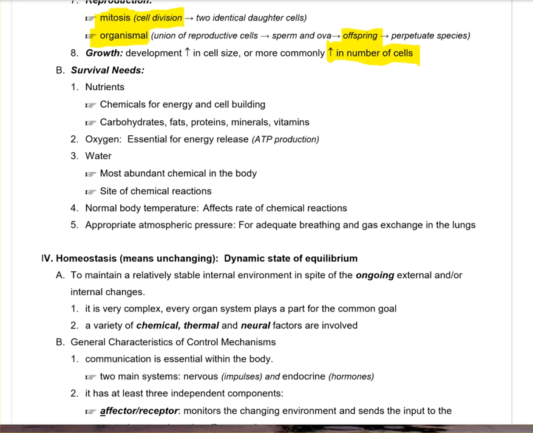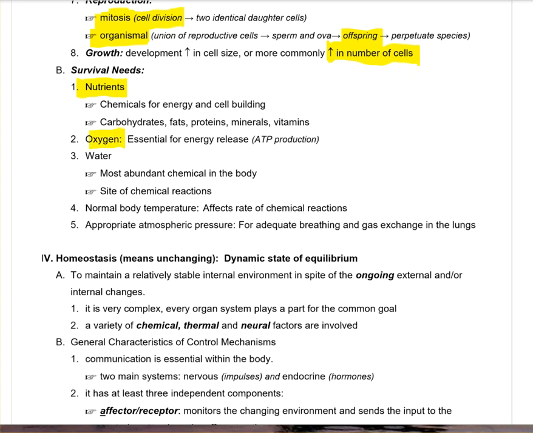Survival needs, we really want to just think of what are the things that we need to stay alive and get constantly or have constantly. And I bet all of these make complete sense to you, and there's probably only one that you don't think about very much. So I'm sure you knew that we needed to have nutrients. We needed to eat food and convert that food into those monomers and then use those monomers for various things.